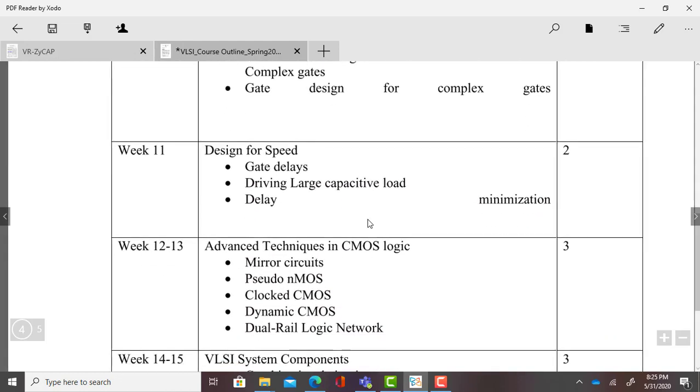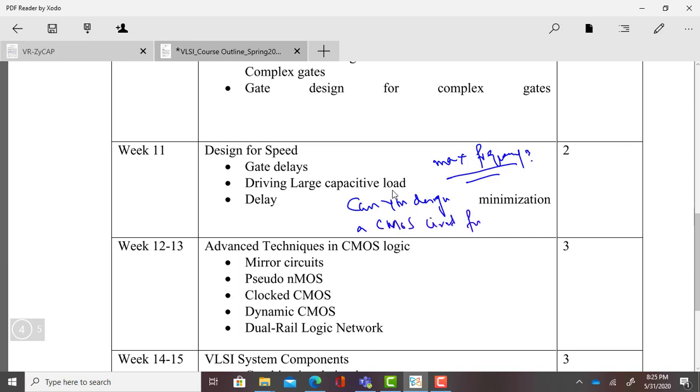Then we will go to design for speed. So for example, we will ask what is the maximum frequency of a circuit that is designed, or let's put it another way, can you design a CMOS circuit for 100 kilohertz?